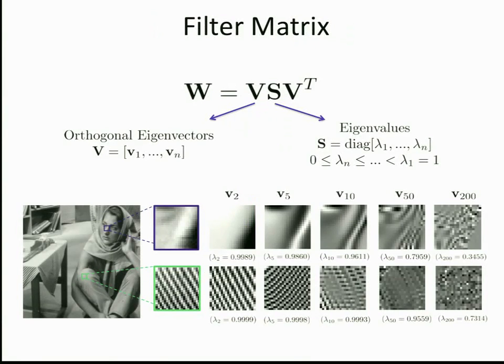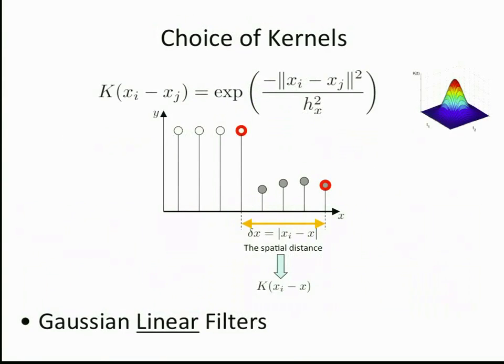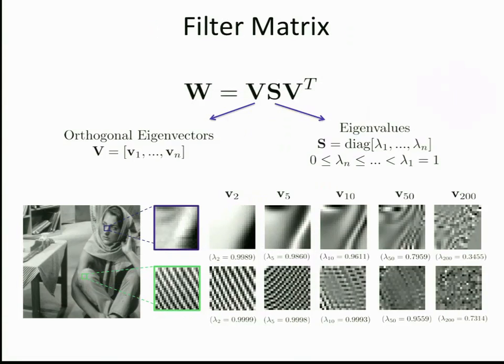So here's what the eigenvectors look like. If you look at this eigen-decomposition, I've taken W and written it as V S V transpose. V in its columns contains the eigenvectors. S is a diagonal matrix that contains the eigenvalues.